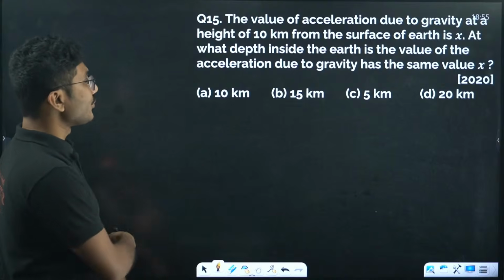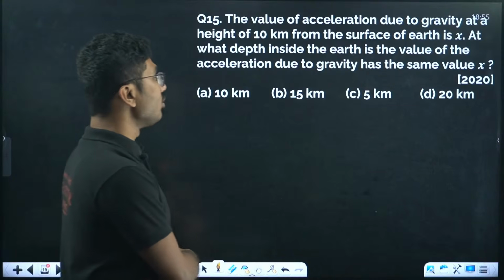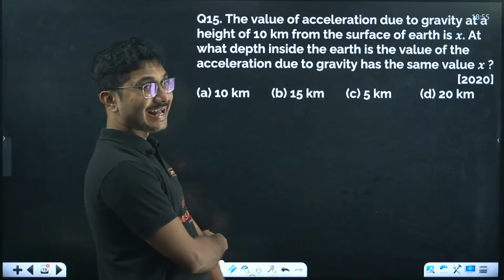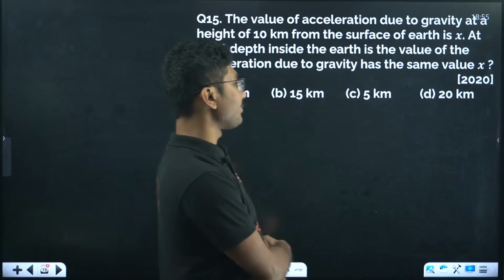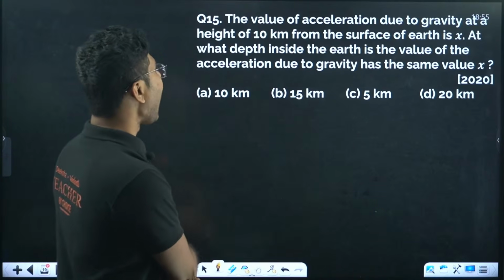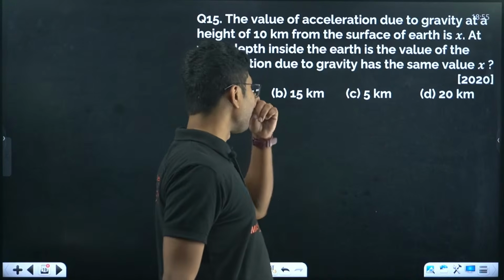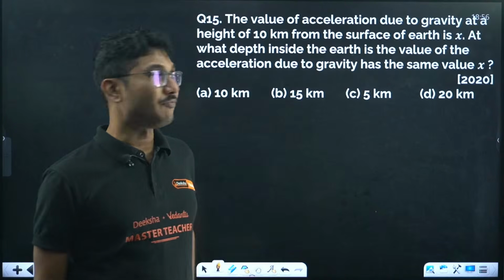Now answer question number 15. The value of acceleration due to gravity at a height of 10 km from the surface of the Earth is x. At what depth inside the Earth is the value of the acceleration due to gravity the same as x?